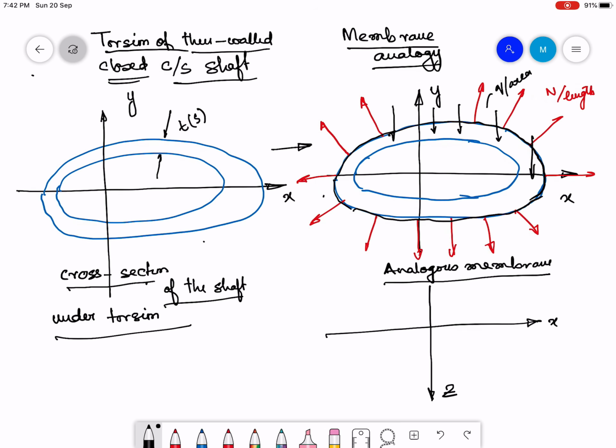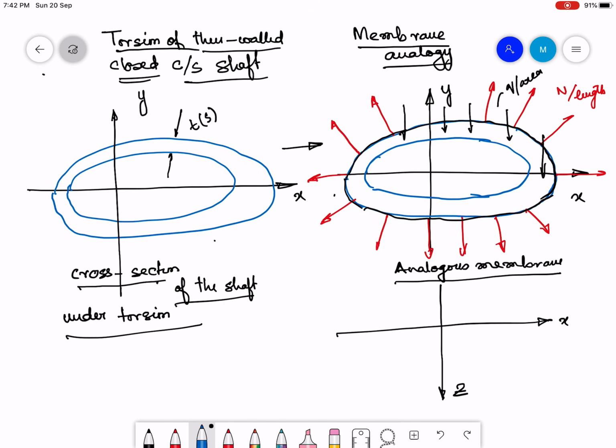Now comes a new criteria that has to be included when we are using membrane analogy for closed cross section shaft. The fifth criteria is that this hollow region is considered to be a flat plate in the analogous membrane. So this is a flat plate.